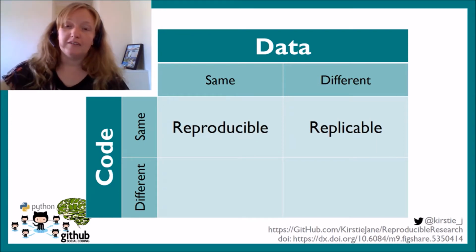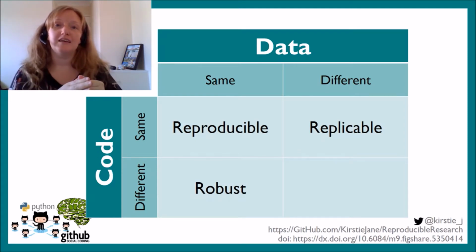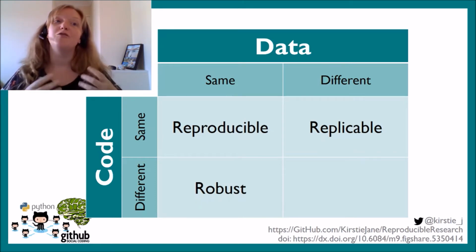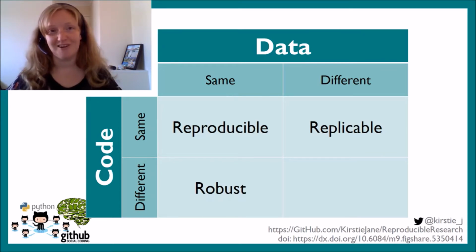Now, the next cell is taking the original data, but looking to see how robust it is to different types of analysis pipelines. Now, if you think that the analysis pipeline is different, then that's not trying to address the same research question.